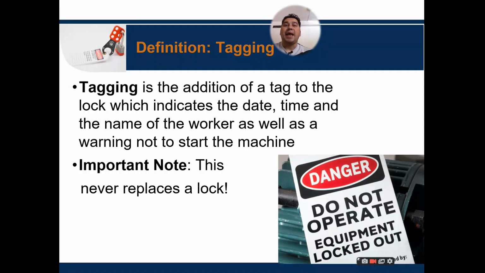You have to make sure that anyone who comes near that machine or tries to operate it is aware that the machine is under maintenance, and no one should operate it. While tagging out, you need to mention the name of the person who is tagging out, the date, and the time on the tag. Now the important note: this never replaces a lock. This should not replace a lock.